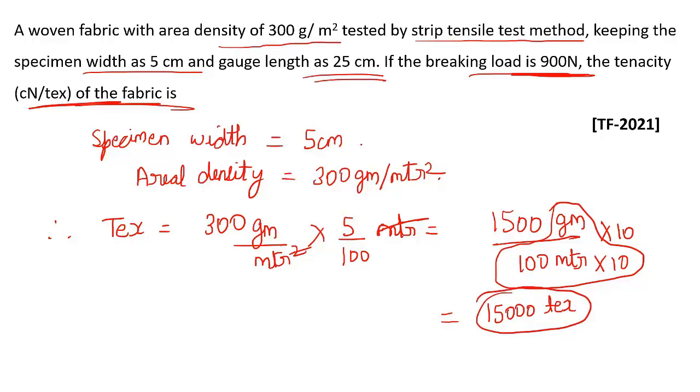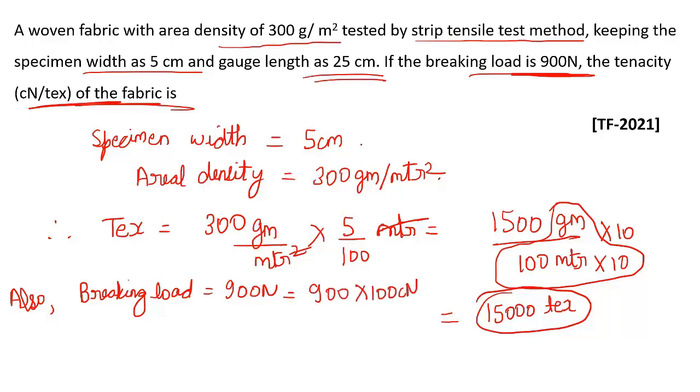And also, the breaking load is given as 900 Newton. Convert it into centinewton. You will get 900 into 100 centinewton.